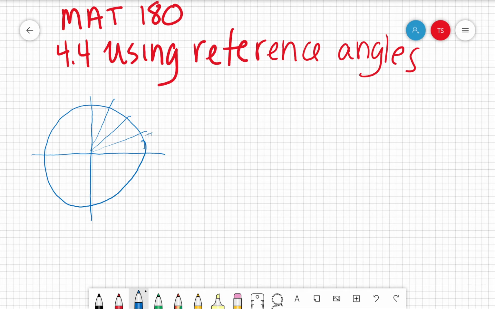Pi over 6, pi over 4, pi over 3, and our x and y values. So I'm just filling in the x and y values for those 3 standard angles in quadrant 1.